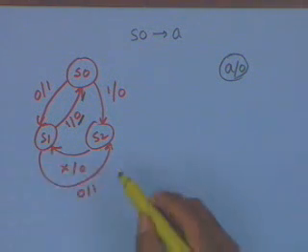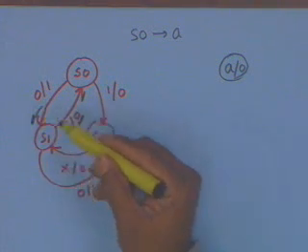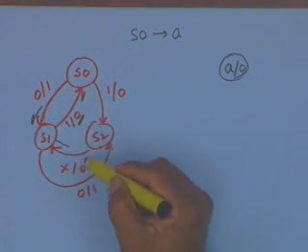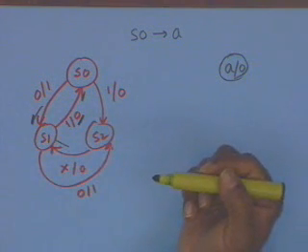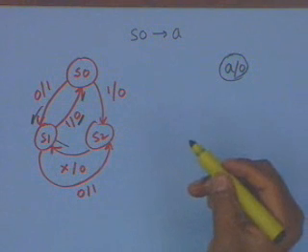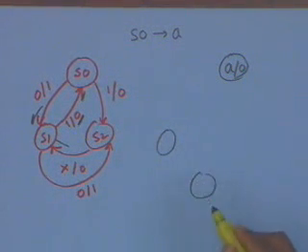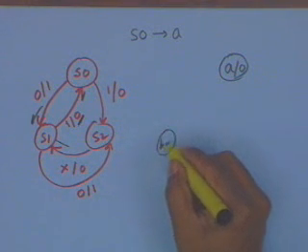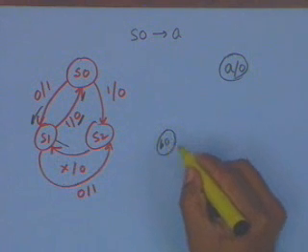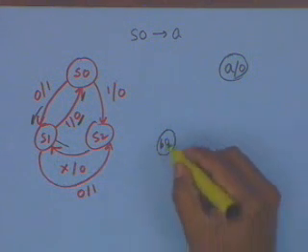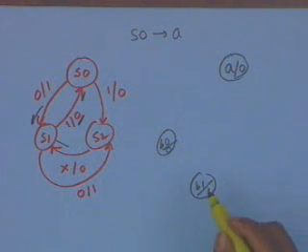If I look at state S1, S1 has 1 incident edge, this one, and another incident edge, this one, and with this I have an output of 1 and I have an output of 0 here. So, I have to split. I will split into 2 states, let me call them B0 and B1, and I associate outputs 0 and 1 with these.